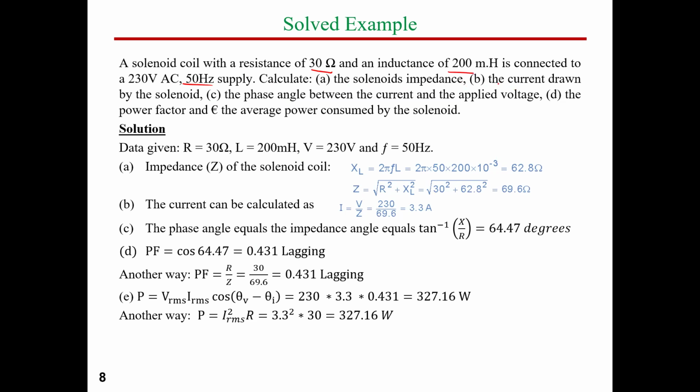The second thing is the current drawn by the solenoid. Once you have the impedance, you can say I equals V divided by Z and get the amount of current. Then the phase angle between the current and applied volt. You need to get the angle, and you can get the angle by means of the power factor or the angle from the impedance. You have XL and R, so you can get the angle.